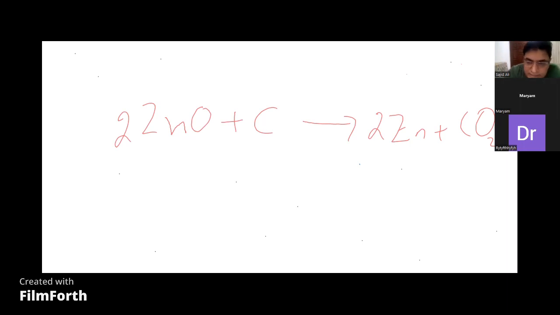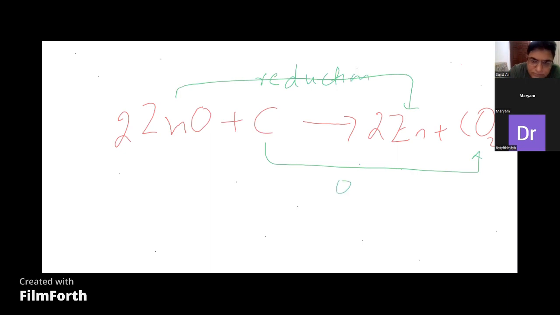Yes, carbon has been oxidized by the gain of oxygen, whereas zinc oxide has been reduced by the loss of oxygen. Okay, is it clear? This is reduction, and this is oxidation.